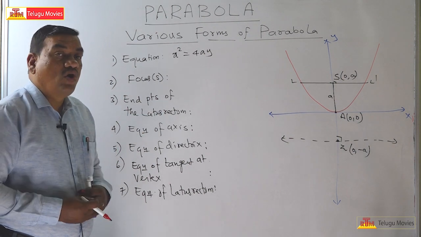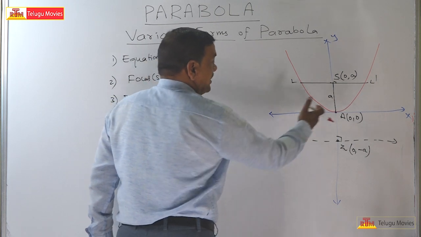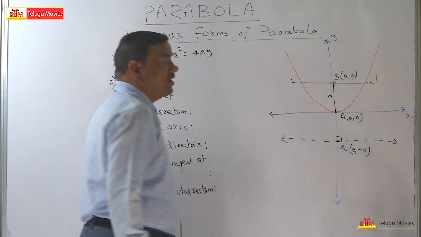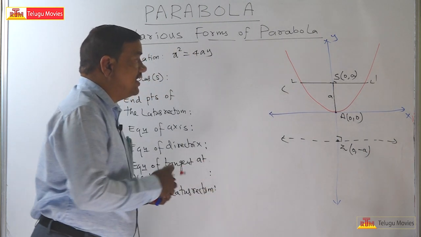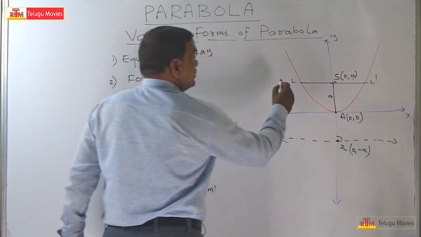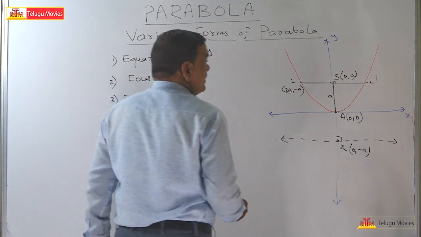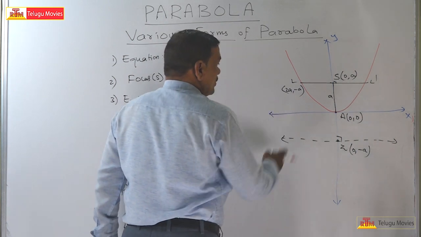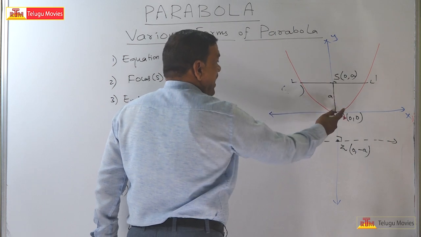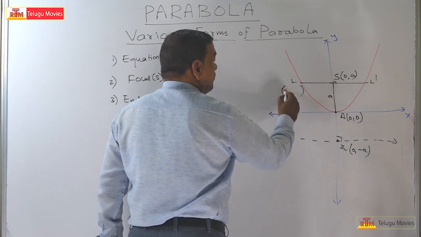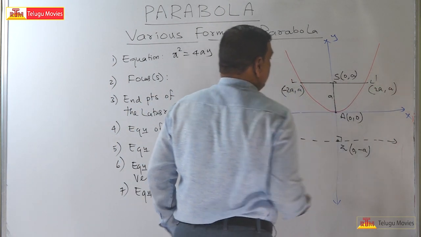Next, end points of the latus rectum. So here, it is the negative x-axis on this side, and the positive x-axis on that side. That's why L is given by minus 2a comma a, and this one is 2a comma a. So here the x coordinate is minus 2a comma a, and this is plus 2a comma a.